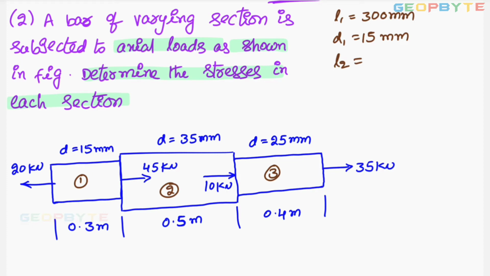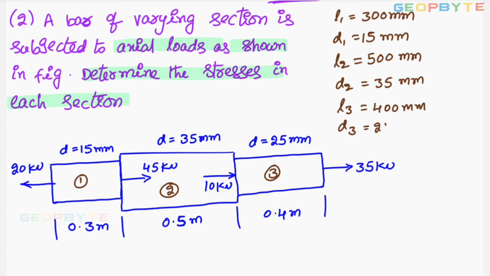L2 given 500 mm, D2 given 35 mm. L3 given 400 mm, D3 given 25 mm.